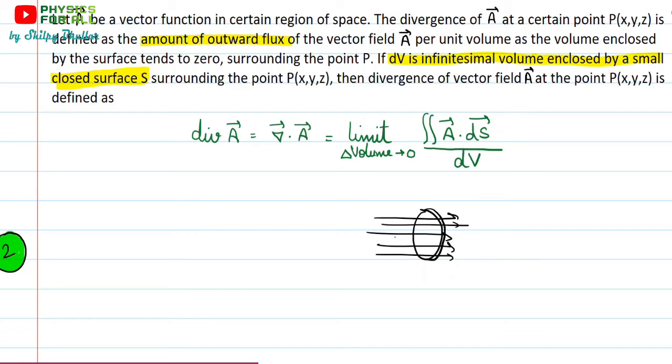Now this divergence can be of many types. If something is flowing, we are talking of outward flux. We are just considering that the vector field lines are passing through that particular surface. Now the way they pass through that surface can be of different types.